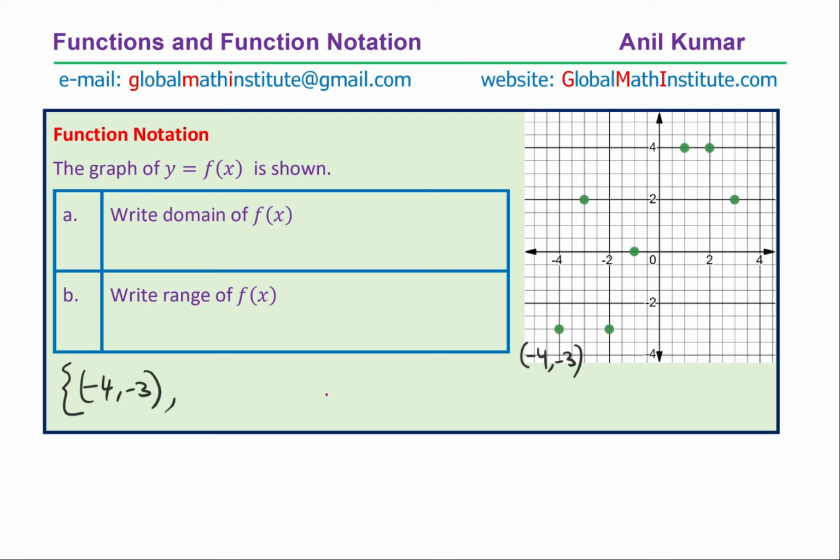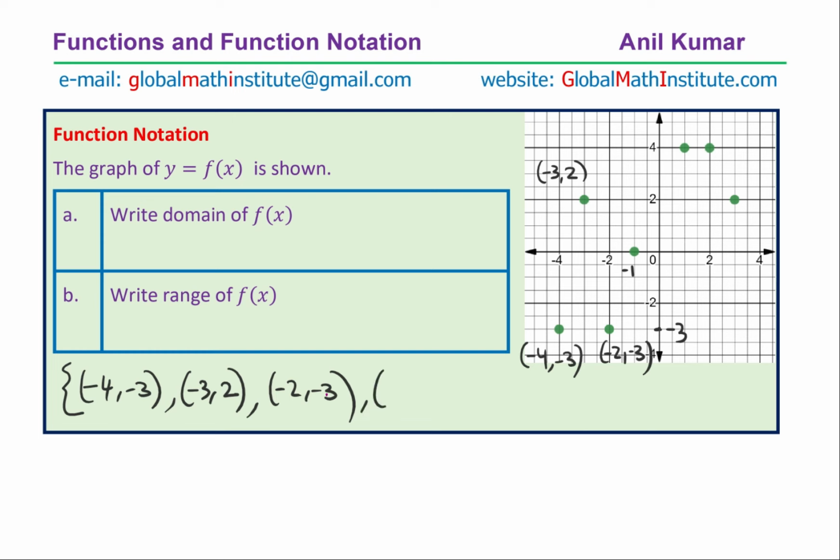And then we have here at minus 3, the y value is 2. So we have minus 3, 2. Then we have minus 2, minus 3, right? This is minus 3 for us. So we have minus 2, minus 3. Then at minus 1, 0.